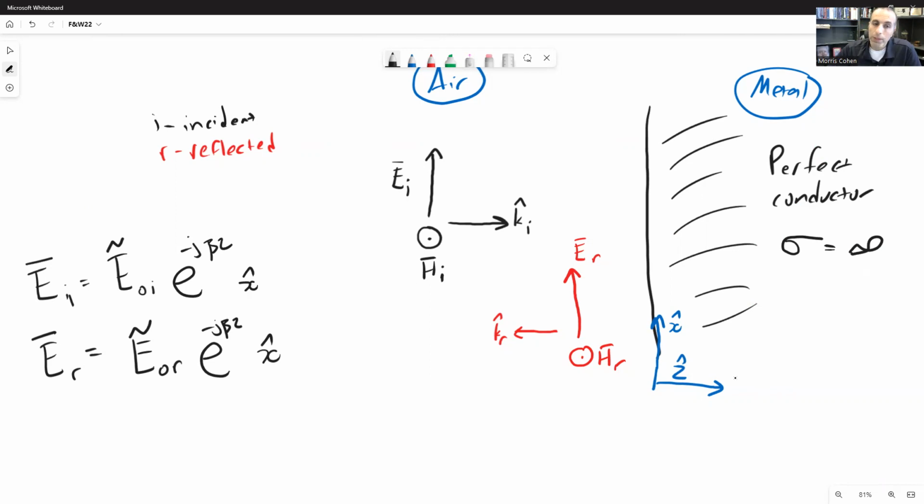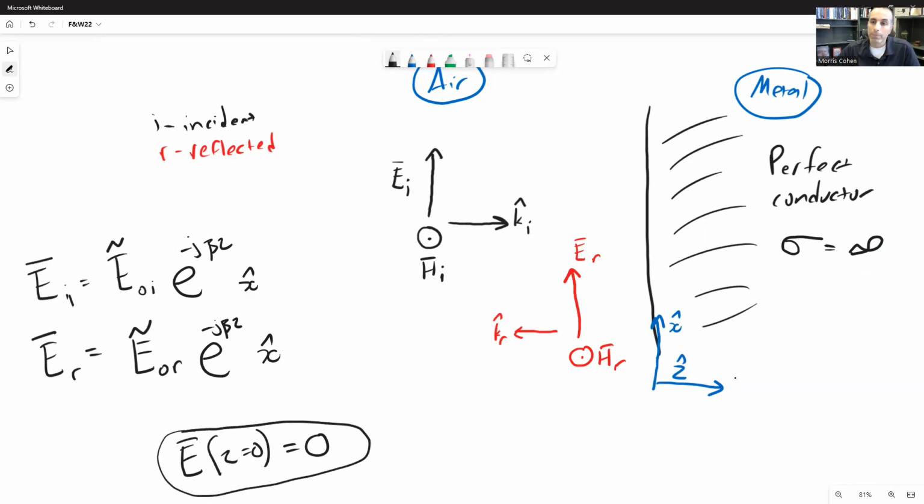So from this, we can now ask the question, can we determine the way E0I and E0R relate to each other from boundary conditions? And the simplest boundary condition is that the electric field at z equals 0 must be equal to 0. That is the definition of a perfect conductor. There is no electric field. And so this basically pops out directly from that, and that's what we're going to call our boundary condition.